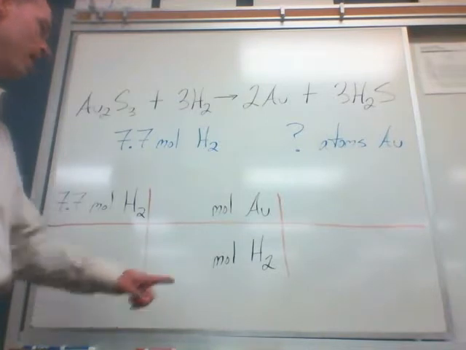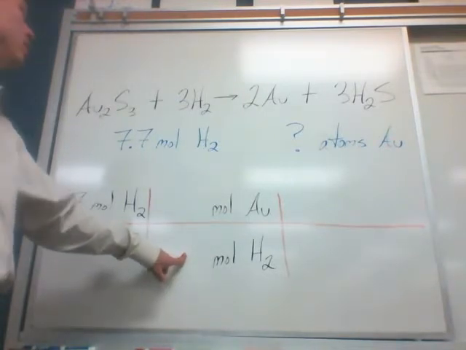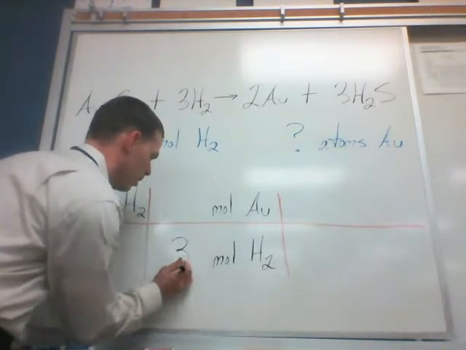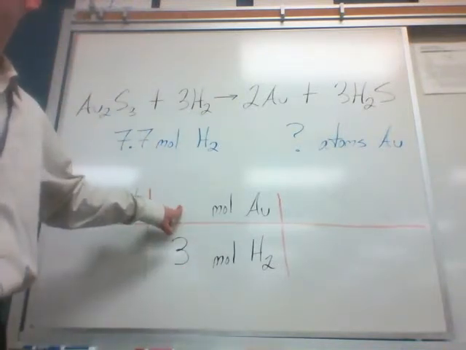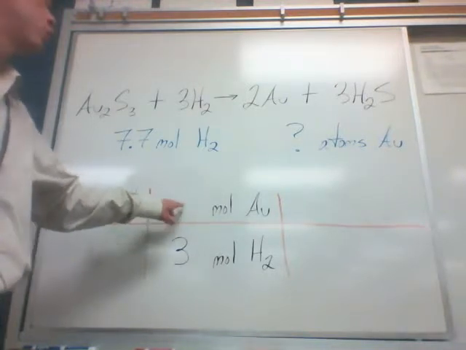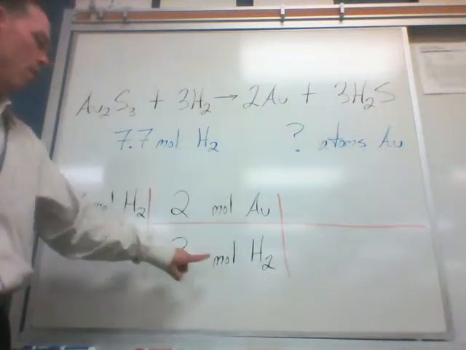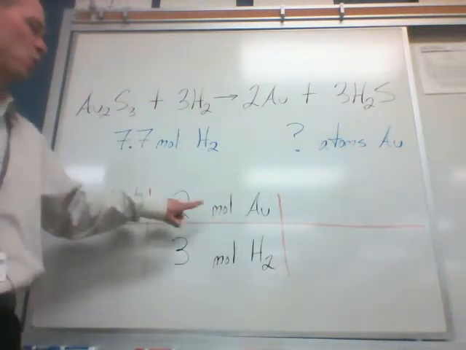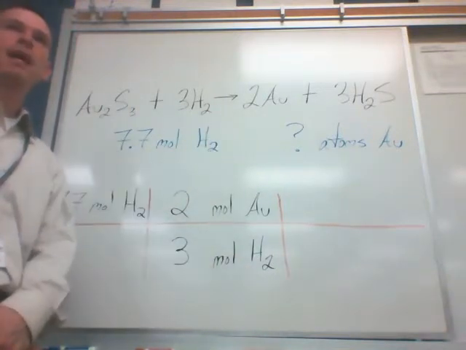Aspen, what number should I put in that square? 3 is correct. Aspen again, what number should I put in that square? 2 is correct. When it's mole over mole, the numbers are the coefficients of the elements. Any questions on that step?